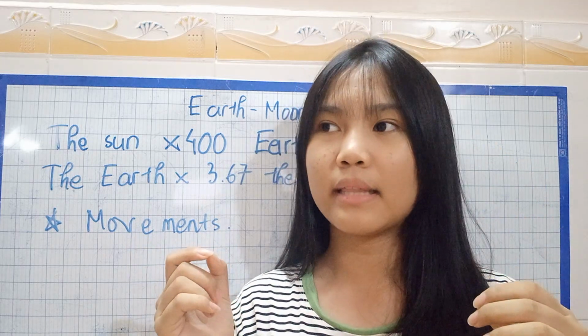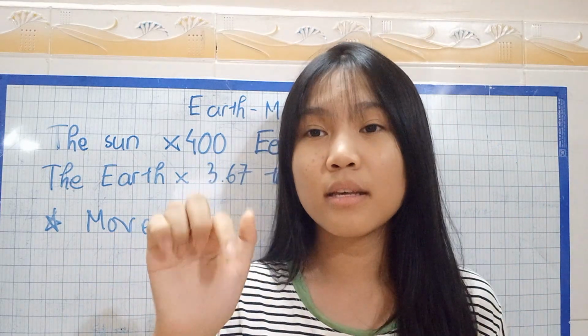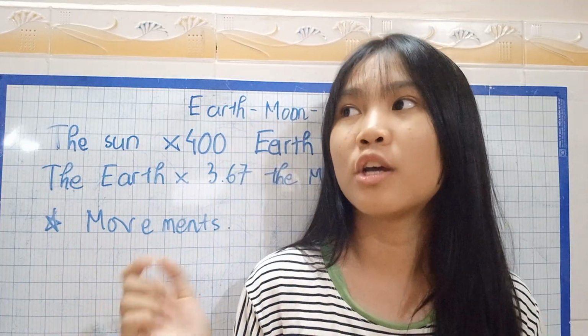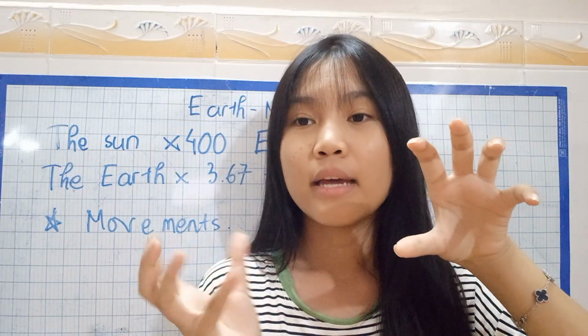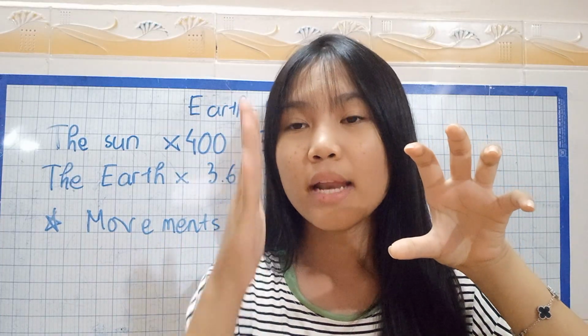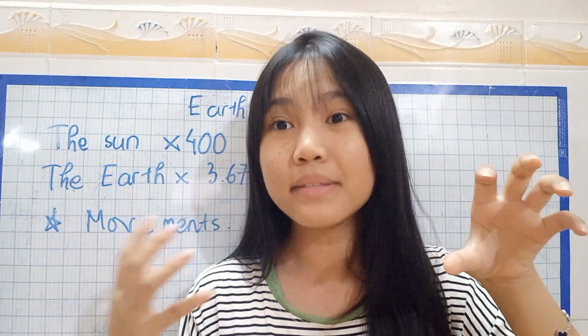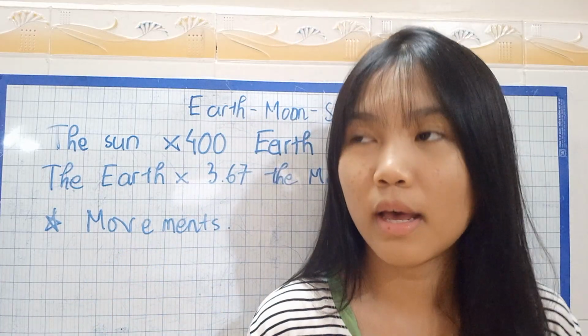And it rotates around its axis, which is tilted around 23.5 degrees. So when the sun is like this, the Earth is like this, then it's going to rotate. And the half facing the sun is day, and the other half is not facing, it's night. Very simple, right? That's what day and night are called.